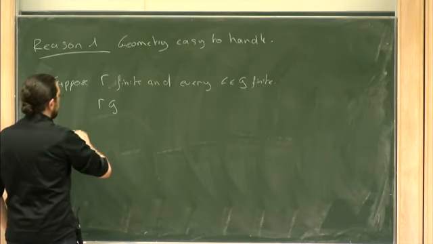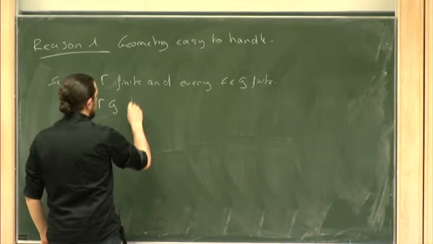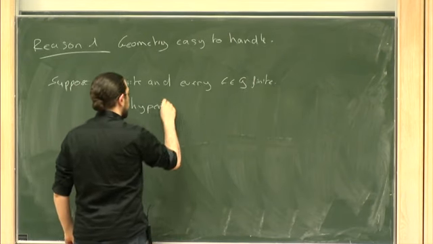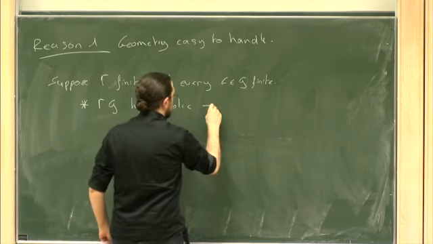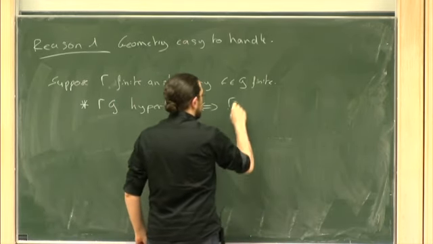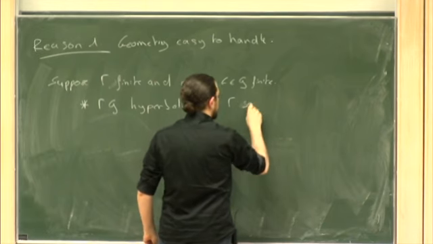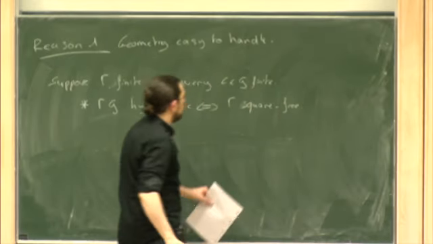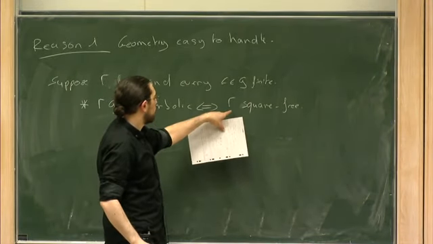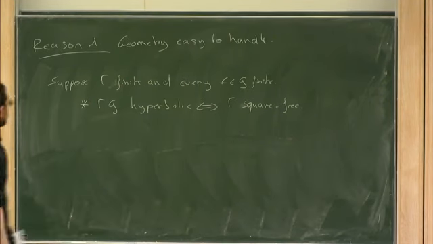For example, you can prove that ΓG is hyperbolic if and only if Γ is square-free, so no induced square inside Γ.